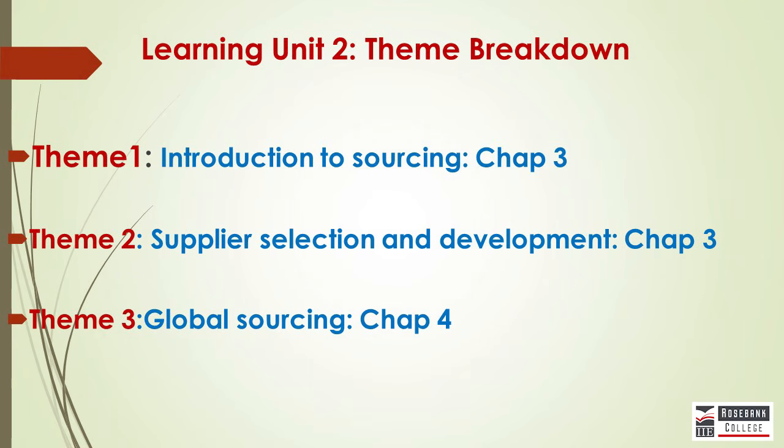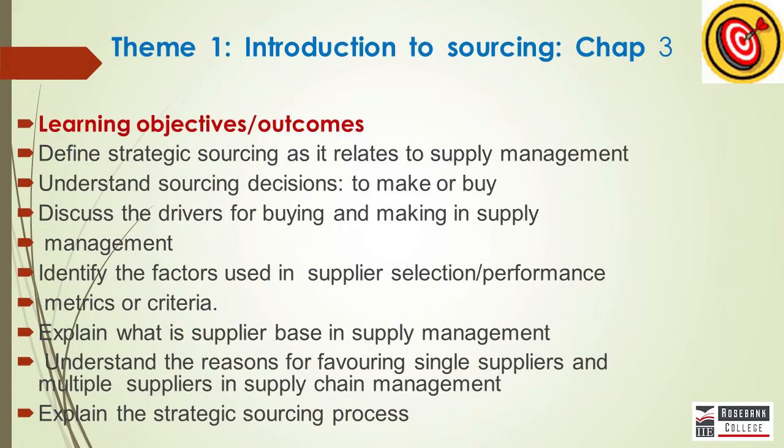Theme breakdown and learning objectives. We are going to be defining strategic sourcing as it relates to supply chain management. You have to understand sourcing decisions to make or buy. We are going to be discussing the drivers for buying and making in supply chain management. We are going to be identifying the factors used in supplier selection, performance matrix or criteria.